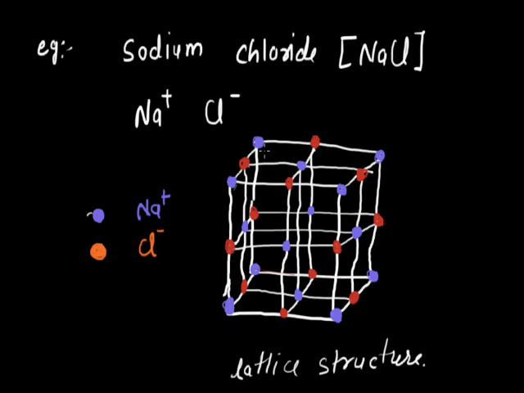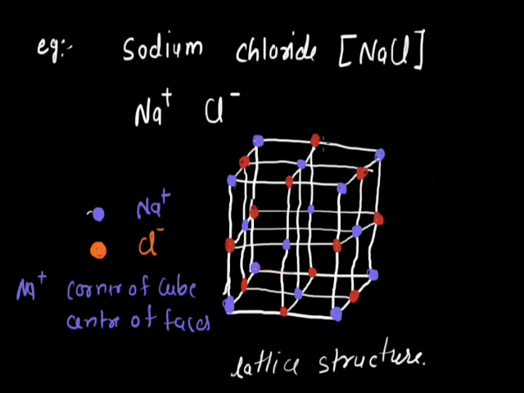We can say that Na plus ions are present on the corners of the cube and the centers of faces. But Cl minus ions are present on the centers of edges.